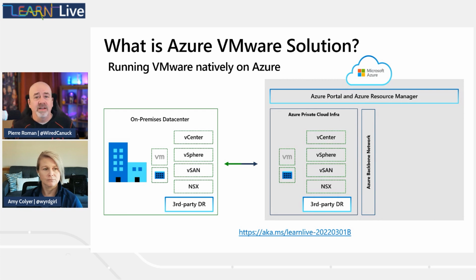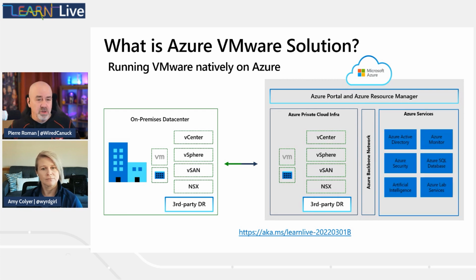And once you've done that, you can now start using Azure native services to support your workload. If you want to know more, there's another wonderful aka link here, aka.ms/learnlive-2022-0301B, because that's the one we recorded another time, where you can drill into more of the details of the introduction.